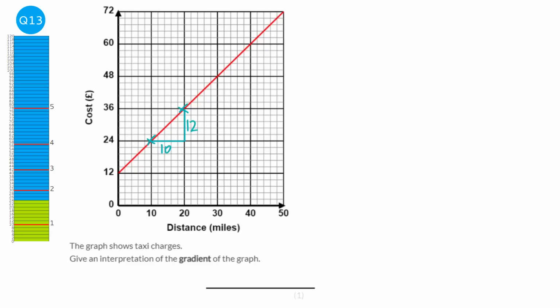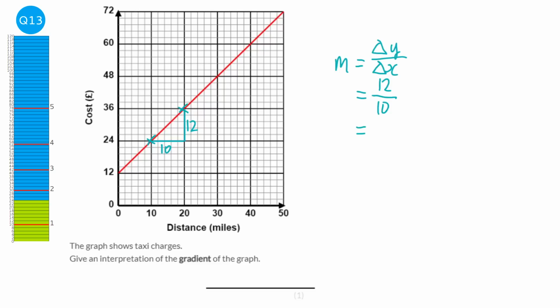And to work out the gradient, which you can call n, or you can just write out the word gradient, it's change in y over change in x. So how much has y changed over how much has x changed? So y is this one here, so it's changed by 12, and x has changed by 10.